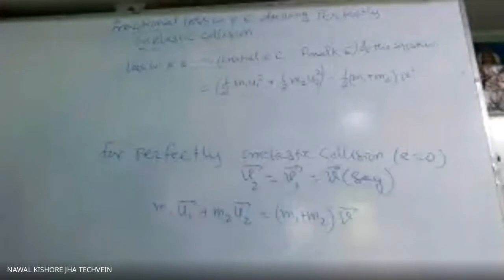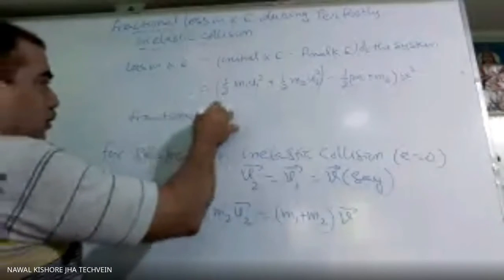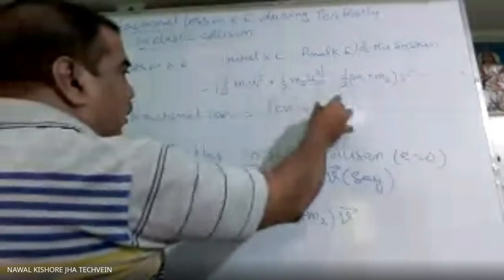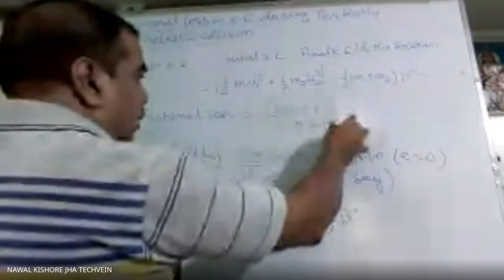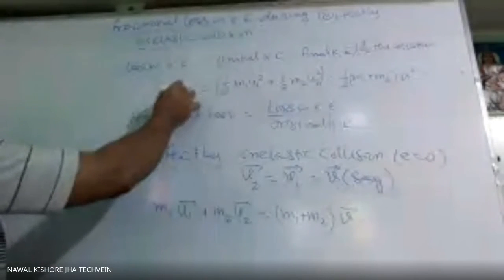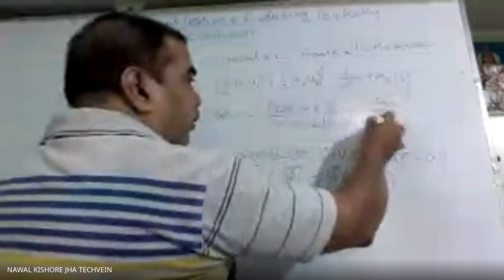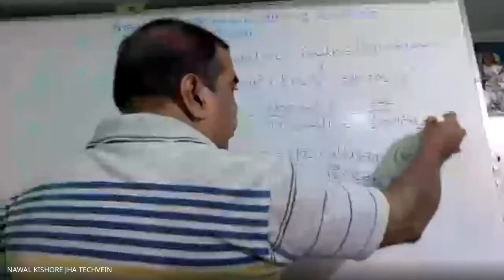Fractional loss means loss by original kinetic energy. So we'll find this delta E, suppose. Delta E over original, which is half m1 u1 square plus half m2 u2 square.